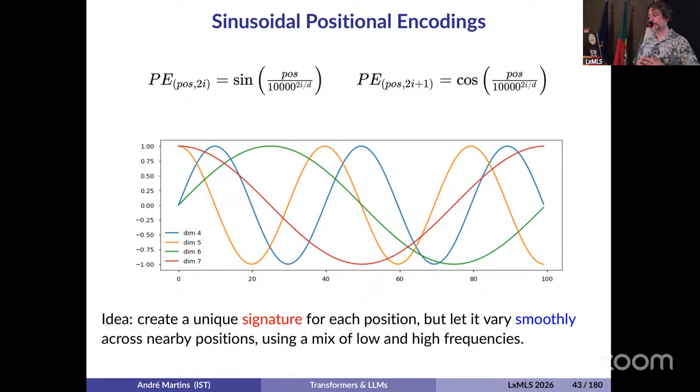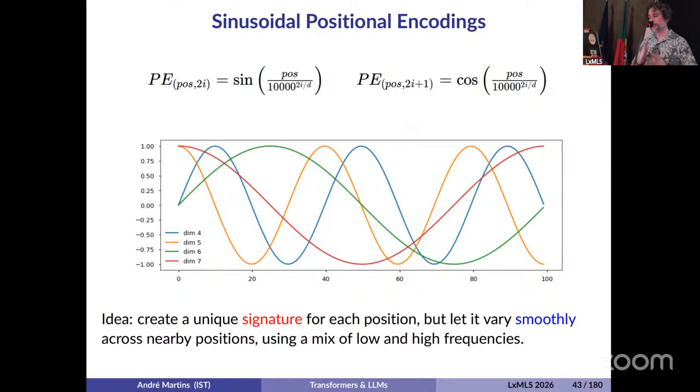But there is another property that is interesting, which is they are going to vary smoothly across nearby positions. So the embedding for position 16 is going to be similar to the embedding for position 17, but slightly different. So the model is still going to know the difference between these 2 positions, but it's not going to be completely different, which could be the case if we learn the positional encodings as additional weights.